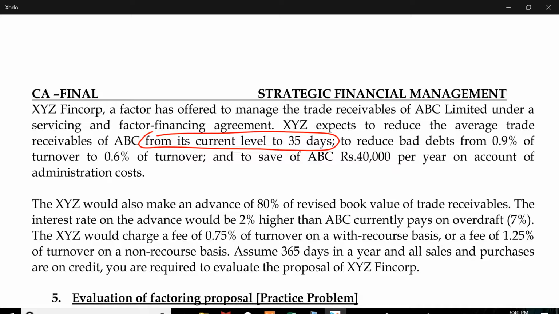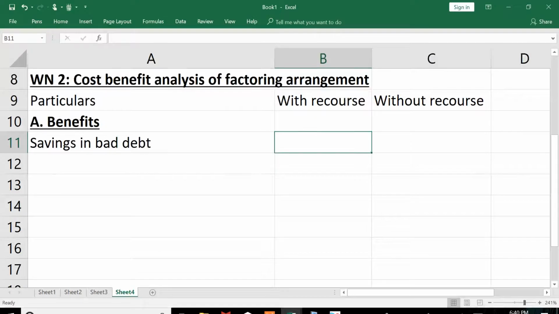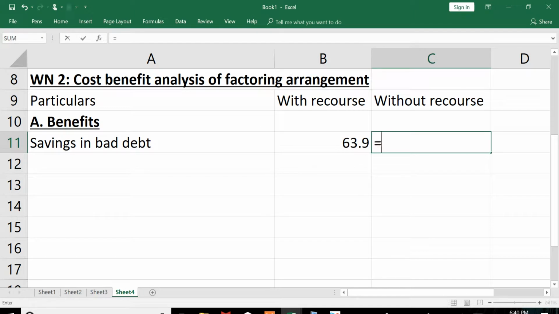If it's without recourse, meaning factor cannot come back to me, you save the entire 0.9%. So with recourse saving is 21,300 into 0.3%, and this is 21,300 into 0.9%.